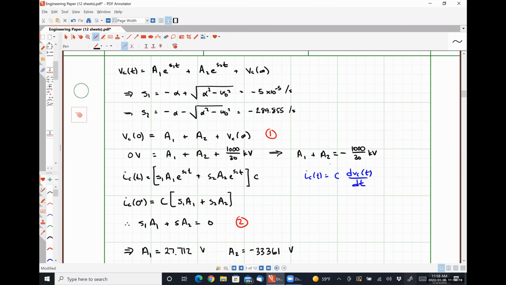So S1 is negative A plus the square root of A squared minus B squared. Let's store that as X. It's negative 5 times 10 to the negative 5. So that checks out. Negative 289. All right, so that checks out.